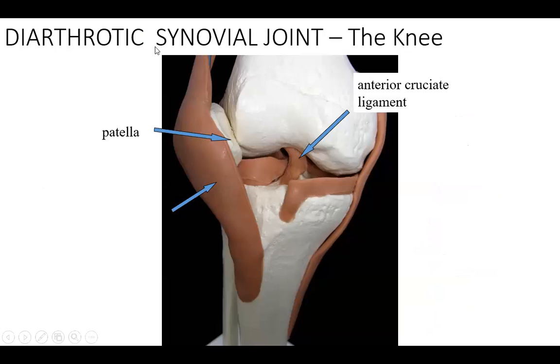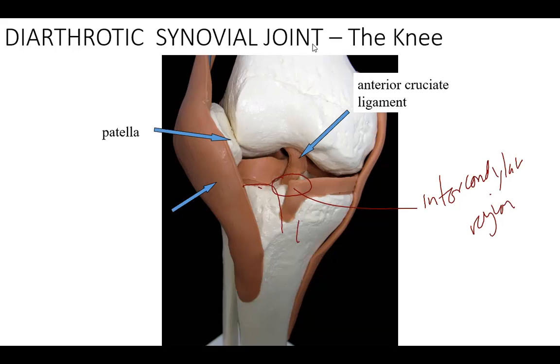So this area right here where the ACL is connecting to the tibia is the intercondylar region. Why do we call it that? Because it's between the two condyles.